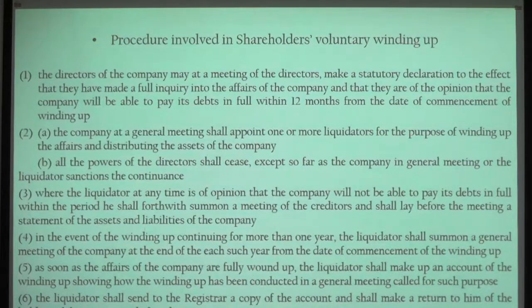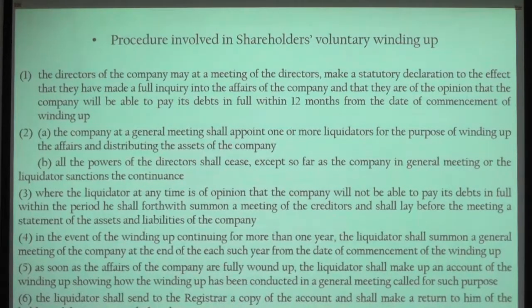Then all the powers of the board of directors shall cease to exist, except so far as the company in general meeting or the liquidator sanctions the continuance until certain matters are finally sorted out.